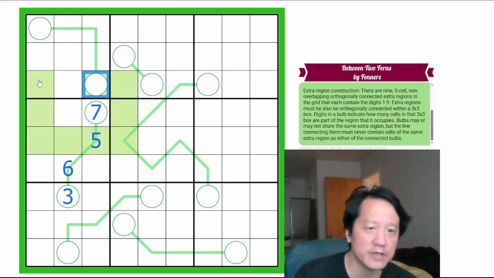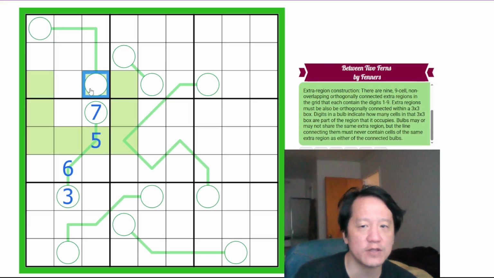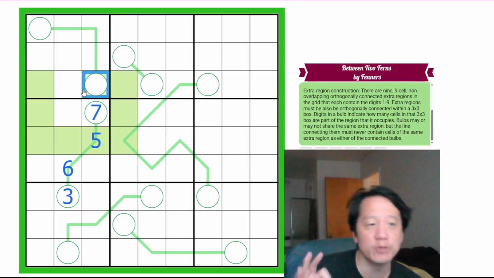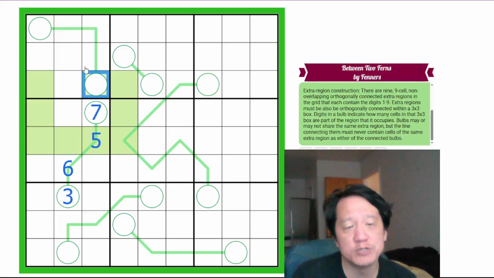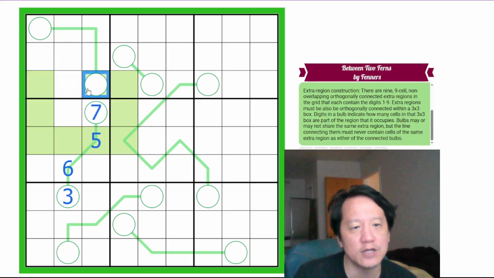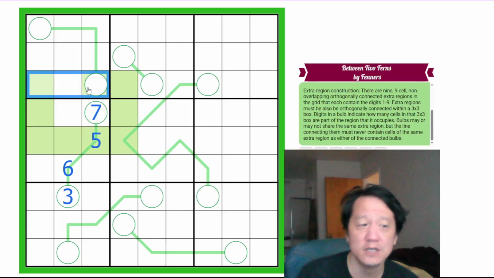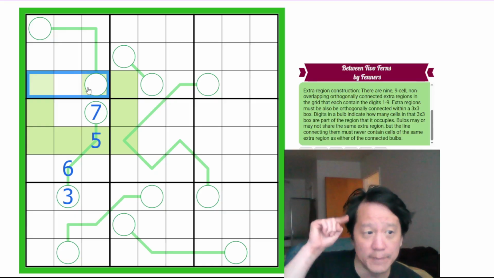Now, the problem for this region specifically is that they must also be orthogonally connected within a 3 by 3 box, which means they can go from any cell in the region to any other cell in the region just by going through edges of cells within the box.